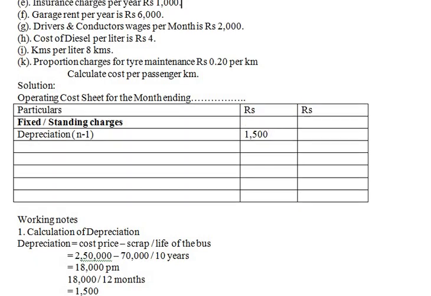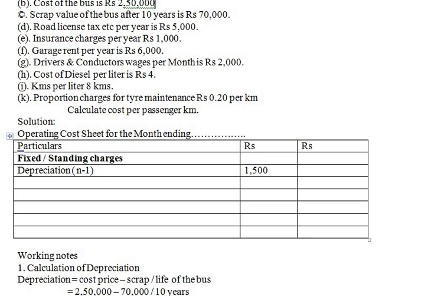Next is road license tax. Here it is per year, 5,000 expenses incurred. So 5,000 divided by 12 months, and it is 417.